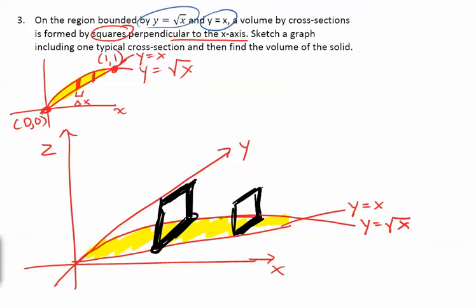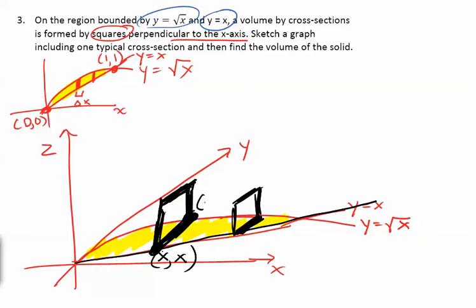So now what we need to know is our square. The square goes from one of these graphs to the other. So let's think about it. On this y equals x line, this should be a straight line, y equals x. So if this has an x coordinate of x, then its y coordinate is also x.